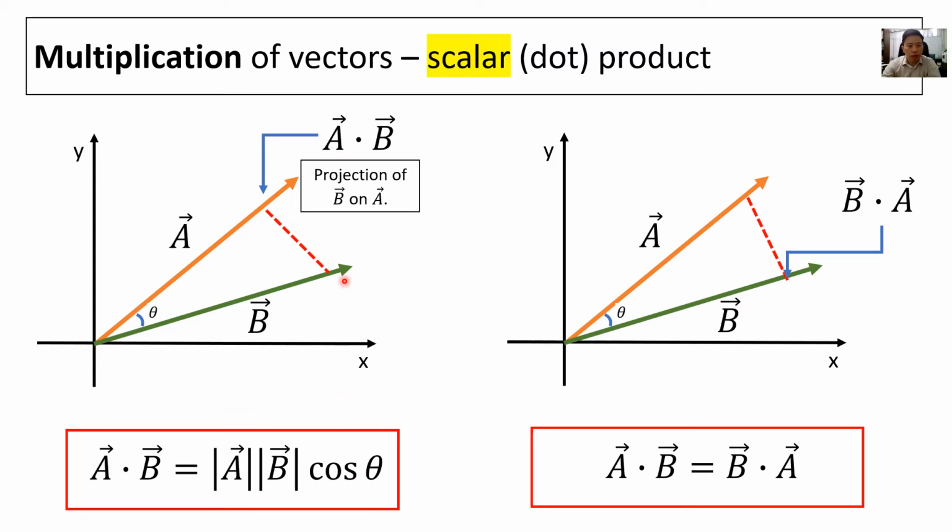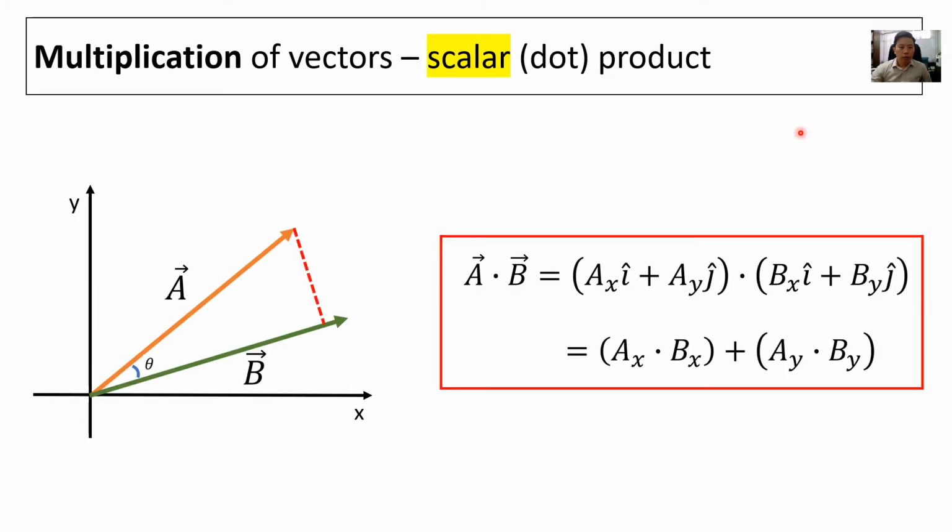Essentially, what you are doing is taking the vector B and projecting it on the vector A. When you project vector B on vector A, you get this value, the component of B along A. This is also going to give you the same value if you take B dot A. For B dot A, you take vector A and project it onto the vector B, right? So A dot B is equal to B dot A.